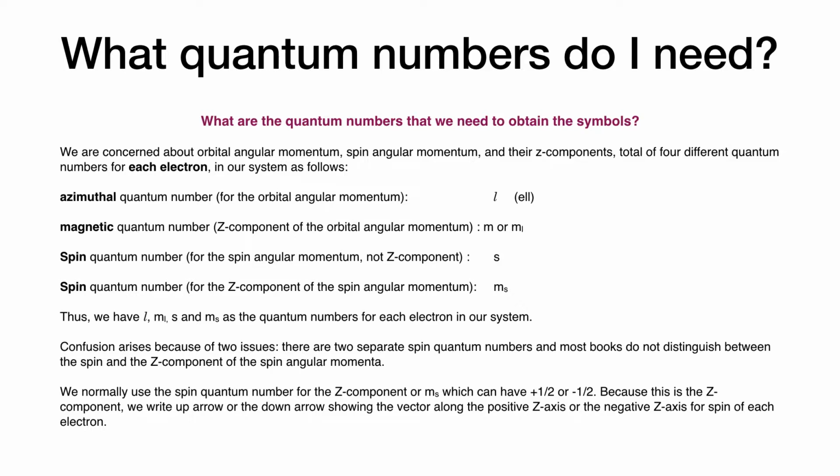So the confusion arises because people are not very clear whether they mean the quantum number or the actual value of the angular momentum. And it also confuses because we don't say whether we mean the total value or the z component, or whether the total is orbital plus spin, or total orbital or total spin.